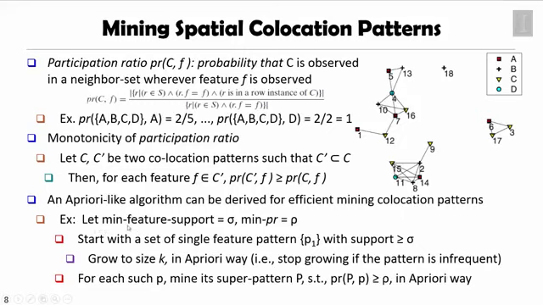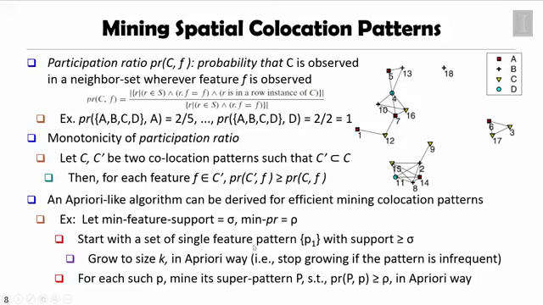Suppose the minimum feature support is written as sigma, and the minimum participation ratio is written as rho. Then we start from a set of single feature patterns. If they are frequent, that means if their support is no less than sigma, then we can keep using the Apriori-like principle to find their pairs.